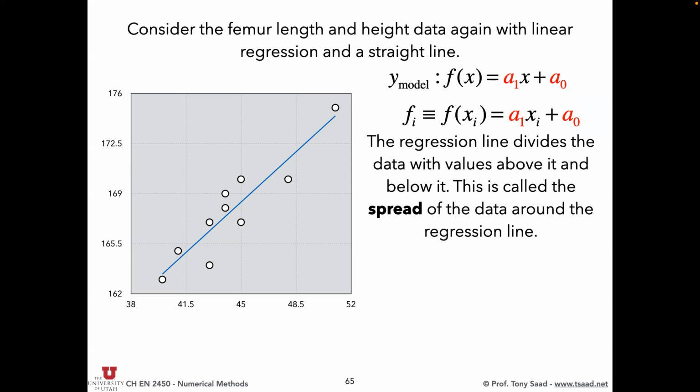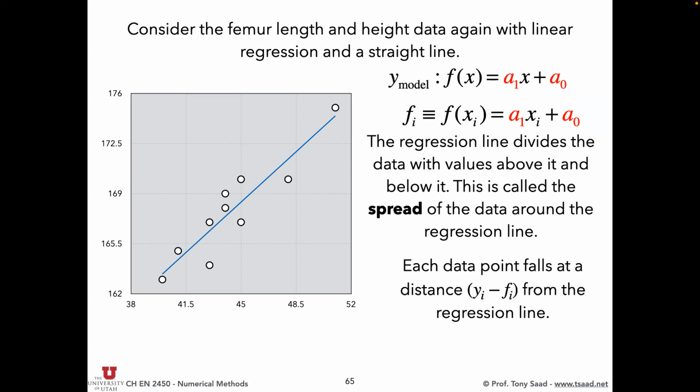So anyway, the data is spread around that regression line, with some data points above it and some data points below it. Same thing we did with the mean value. Each one of those points lies at a distance yi minus fi from the regression line.